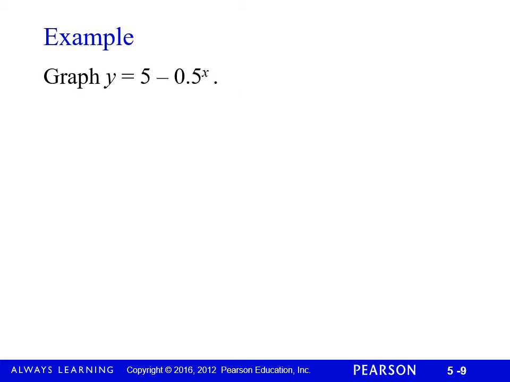5 minus 0.5 to the x. Well, remember this is 5 minus 2 to the negative x power if we rewrite 0.5 as 1/2, and then rewrite 1/2 to the power of x as 2 to the negative 1 to the power of x, or 2 to the negative x. When we have a constant outside of the function, this is an up or down translation.